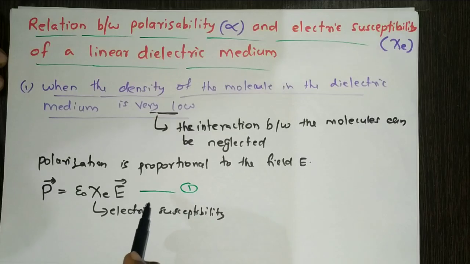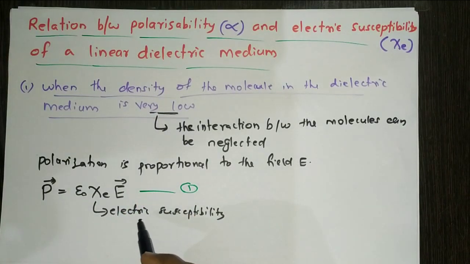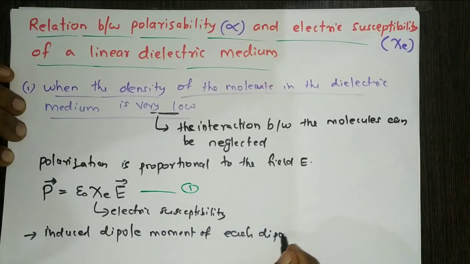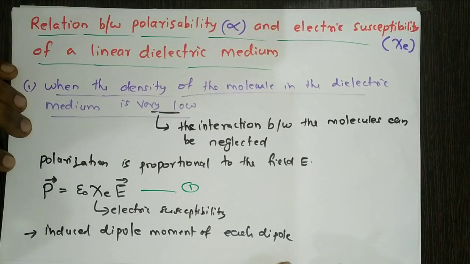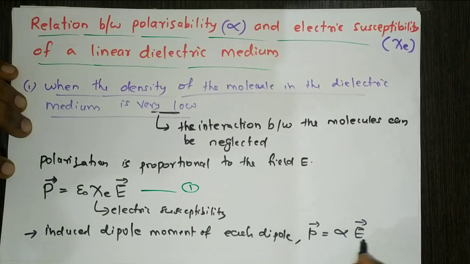If the dielectric medium consists of atoms or nonpolar molecules, then molecular dipoles are formed. The induced dipole moment of each such dipole can be written as small p equal to alpha E. Let me put this as equation number 2.